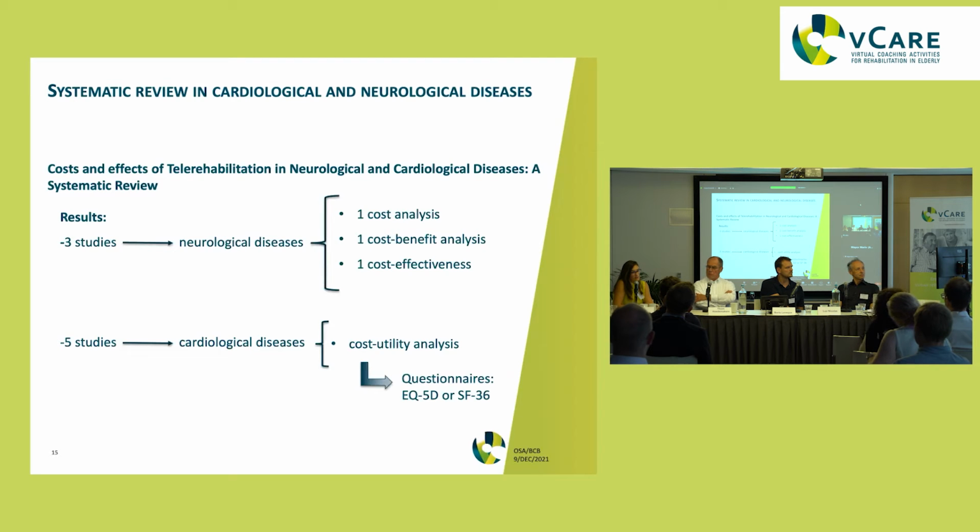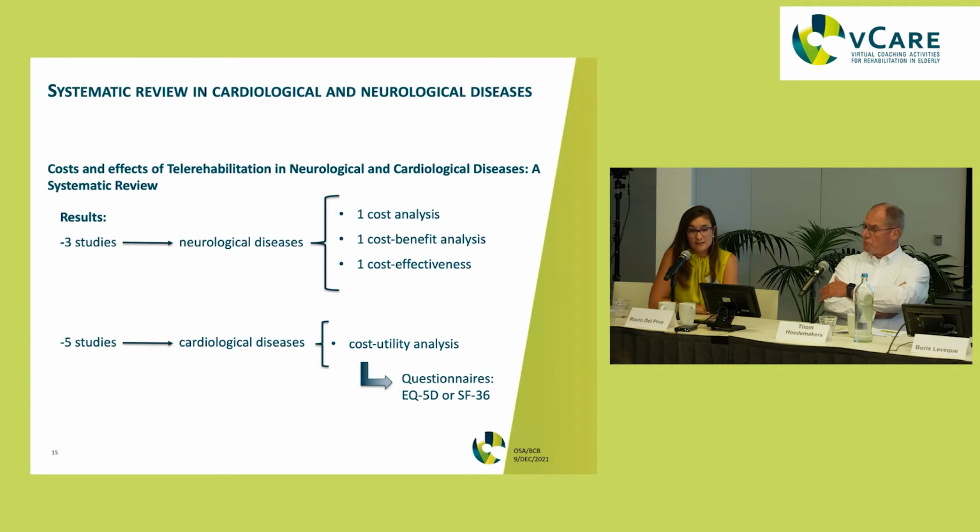Regarding the neurological diseases, there was 1 cost analysis, 1 cost benefit analysis, and 1 cost effectiveness analysis. And for the cardiological diseases, the 5 of them were cost-utility analysis, with the quality of life measured with the EuroQol 5D, as we have done with vCare, or the SF36.